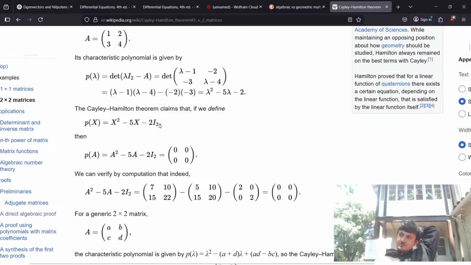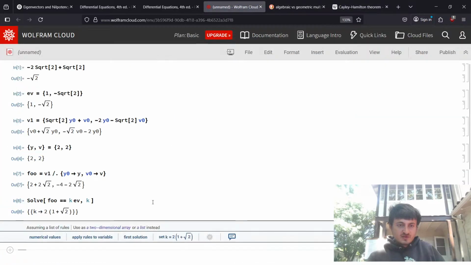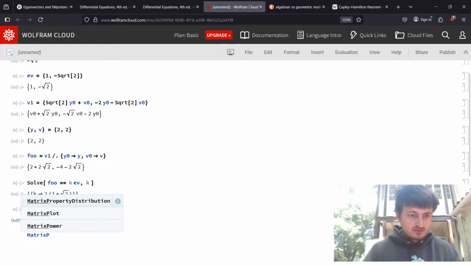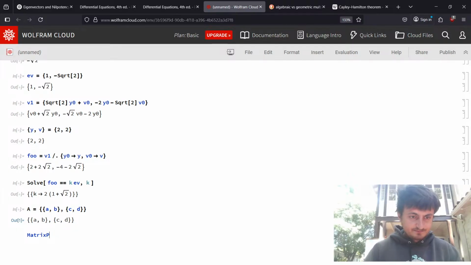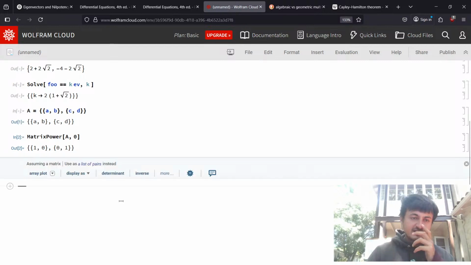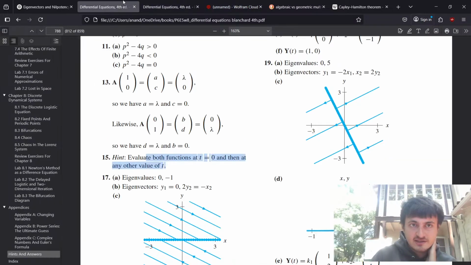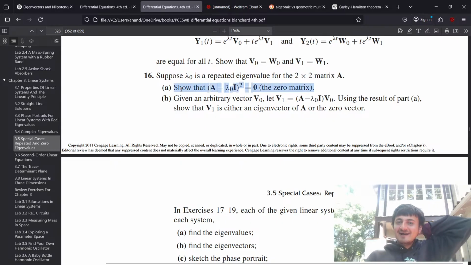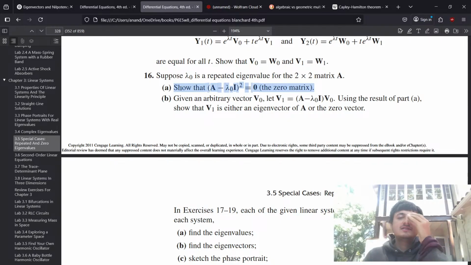And the 0th power of a matrix, we do A is equal to AB, CD, and then we do matrix power A0. We get the identity. Okay, so that's why it's there. Okay, but why does this show that it is the 0 matrix?